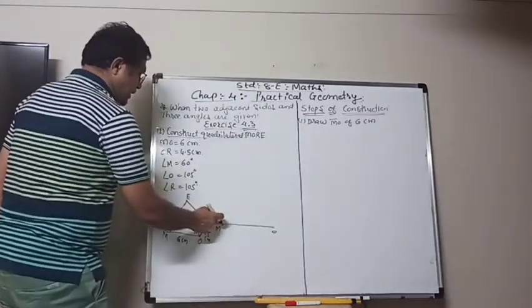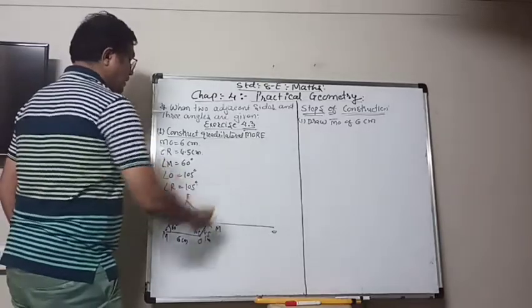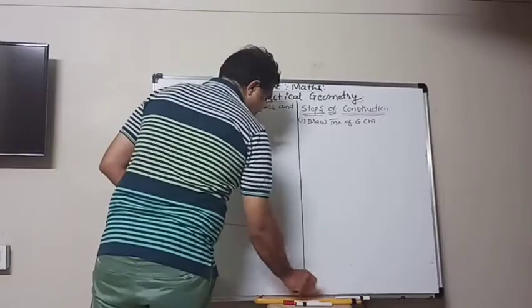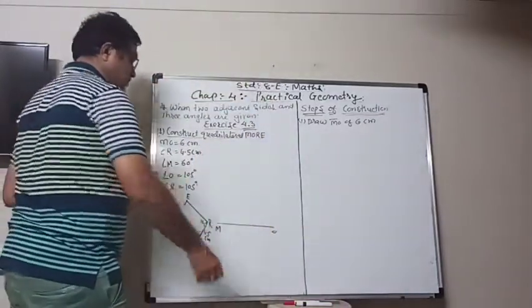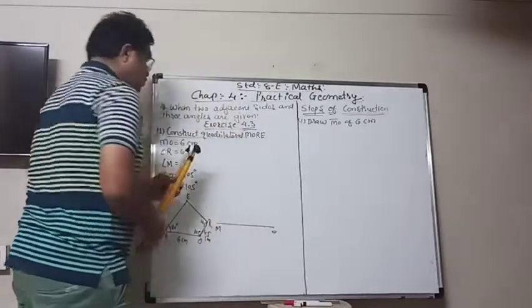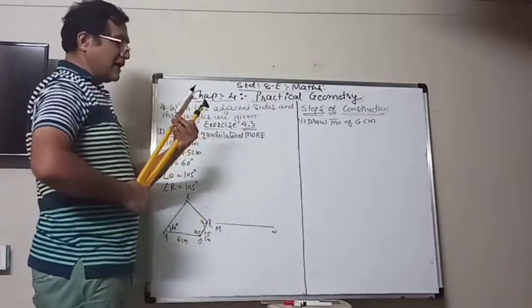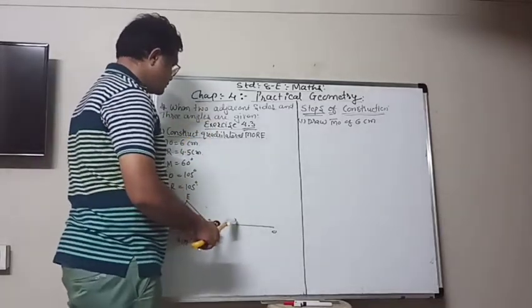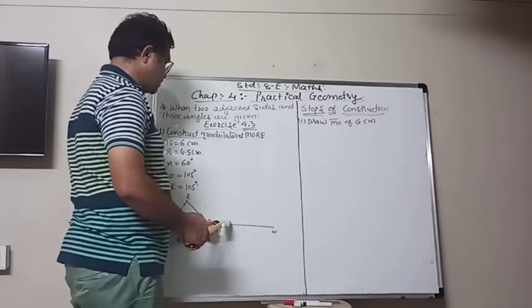Now here at the point M, we will draw a ray MX such that angle M will be 60 degrees. And you know how to draw the 60 degree angle. Maybe in my hand it will not be perfect, but you can draw it.